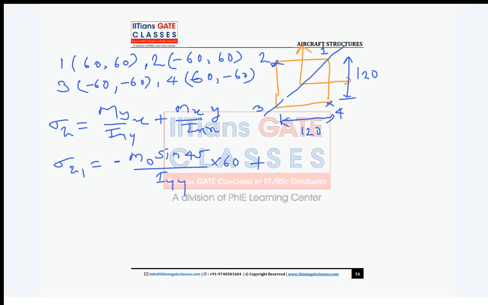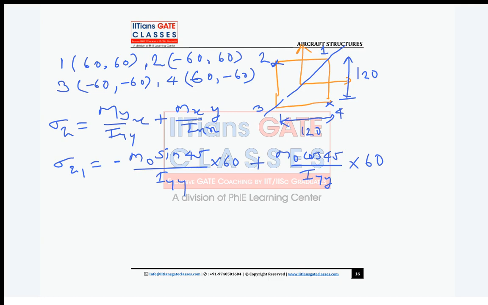Mx is M naught cos 45 upon Iyy into 60. Now tell me guys, what is the value at 1? When you substitute point 1, what value are you getting? 0, right? So on neutral axis it should be 0, right? It's matching, yes or no guys?